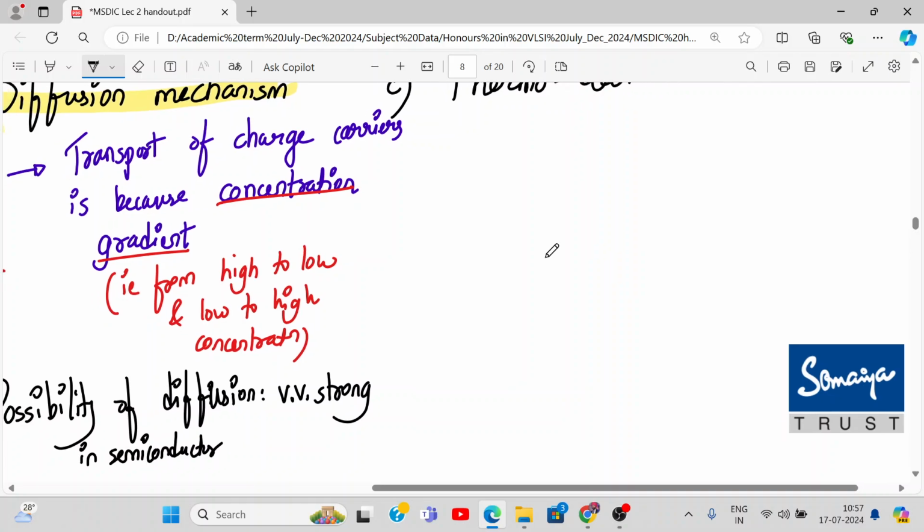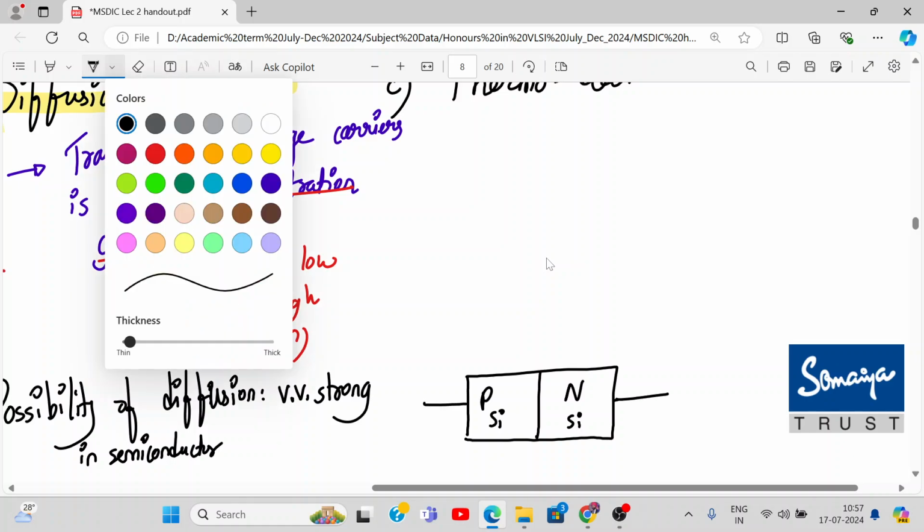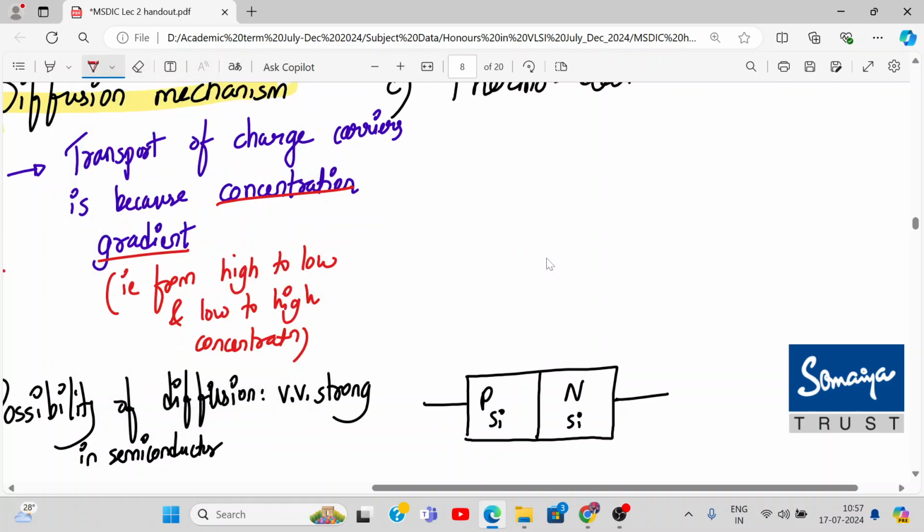So I'll give you an example. Let's take a PN junction. Here we have P silicon and here we have N silicon. They are both different materials, right? What are the majority carriers in P-type material?